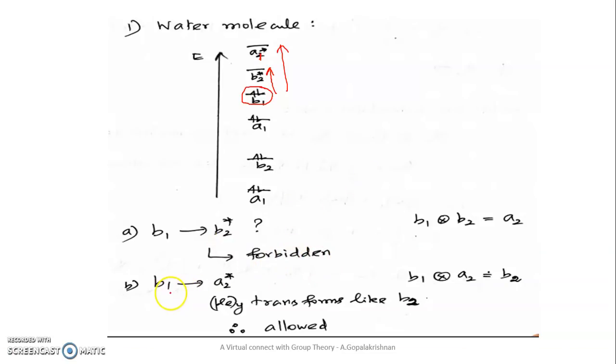Now I will take the second one, B1 to A1 star transition. Listen, the direct product of B1 and A1: if you multiply B1 and A1, since A1 is totally symmetric, you will get B1, right?